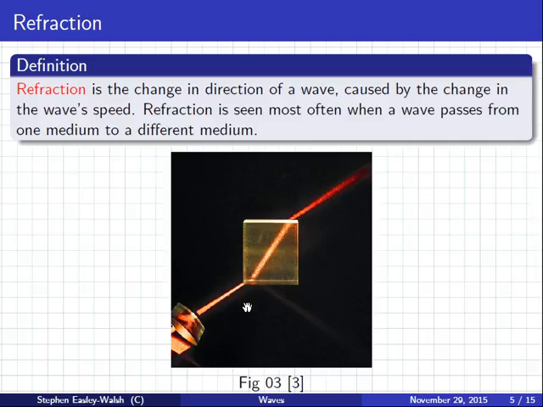The example that's always given is if a car is driving very fast on a road and then goes off the road into mud, the speed suddenly slows down because the car can't go as fast on mud as it can on the road. So when the car leaves the road, it doesn't continue in a straight line. You notice it swerves.